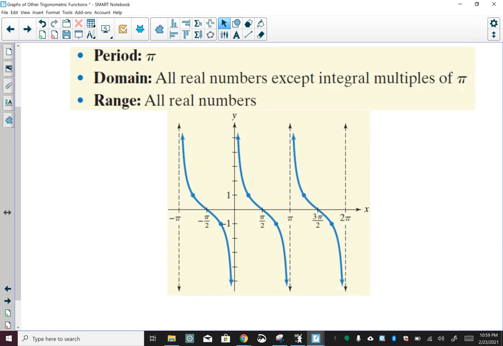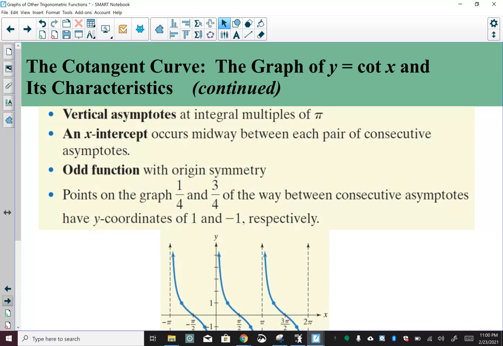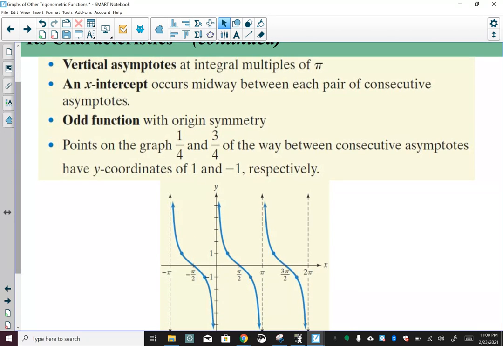As I'm looking at this, if this had been a tangent graph, this would have been an asymptote, but on a cotangent, where you cross your x-axis on the tangent graph is actually where you have your asymptotes. Still the same kind of setup, with vertical asymptotes.